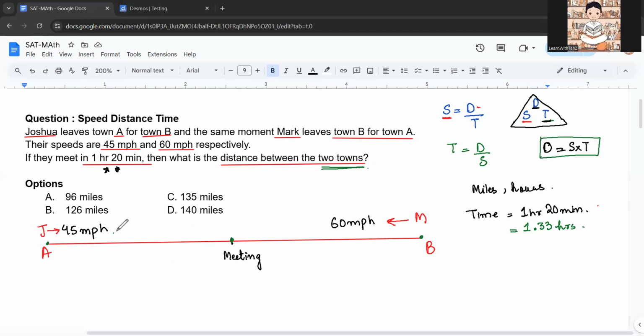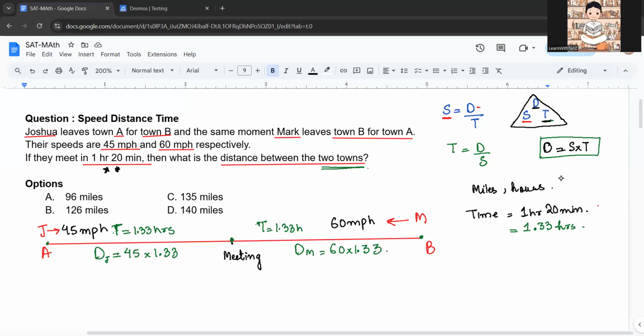Now for Joshua, time is 1.33 hours, and for Mark as well, the time is 1.33 hours. So what is the distance? The distance traveled by Joshua is the speed times the time, 45 times 1.33. And for Mark, the distance is 60 times 1.33. Okay.